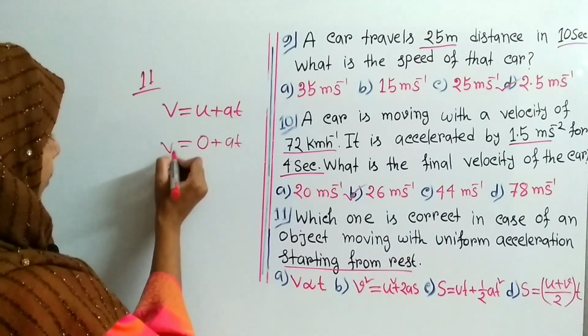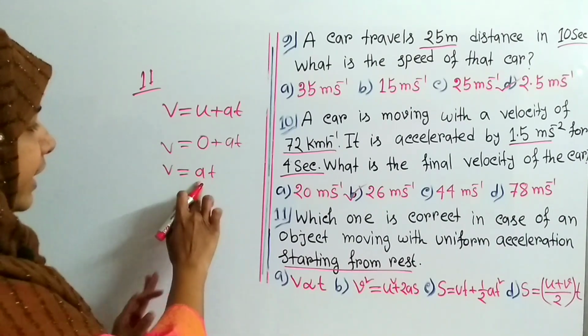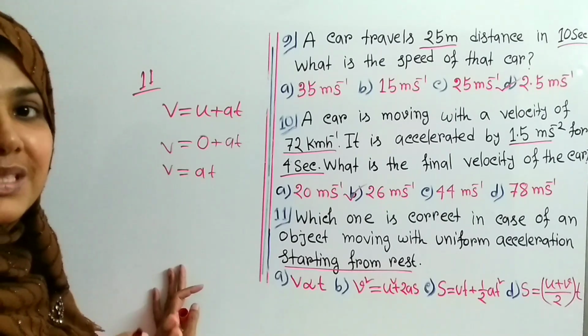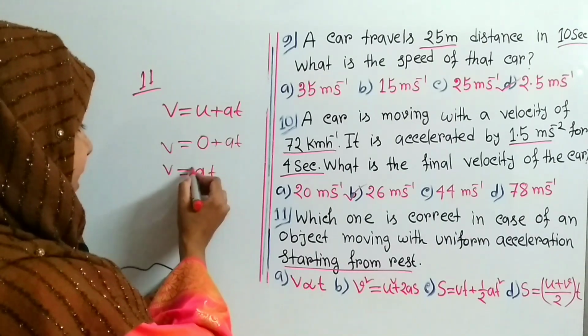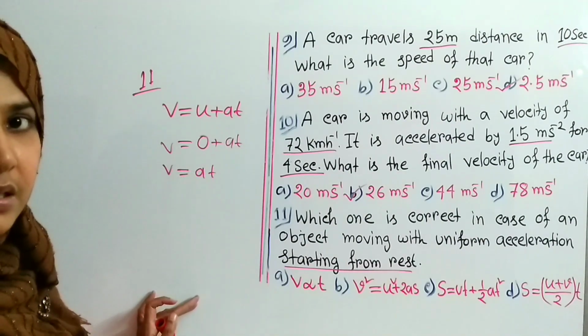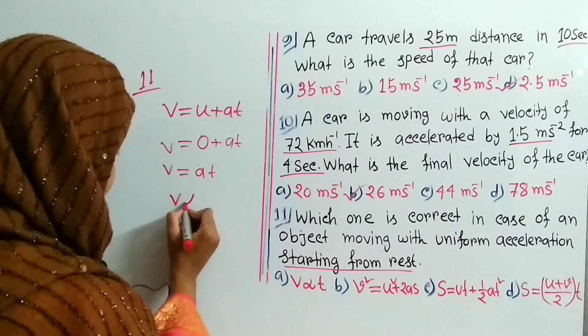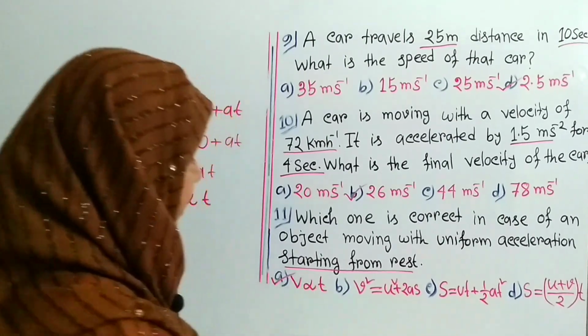So we can write that V is equal to AT. And here they also mention that acceleration is uniform. That means there will be no change in the acceleration, and that's why the acceleration will be constant here. So if we write that equation, V proportional to T, then the answer is option A.